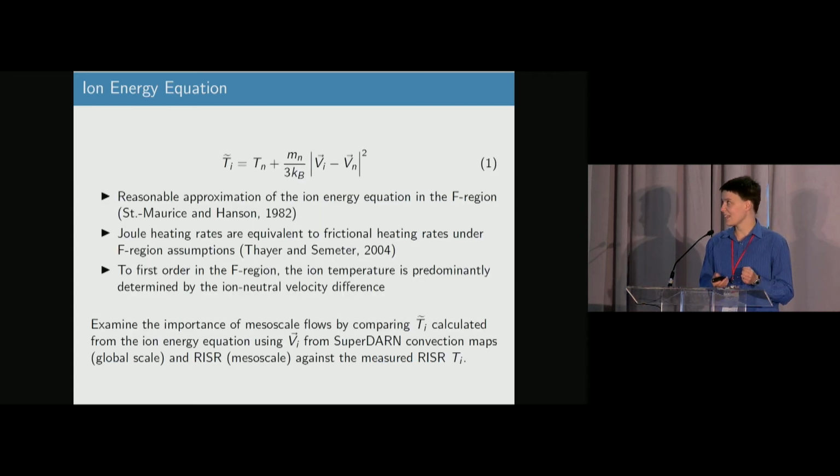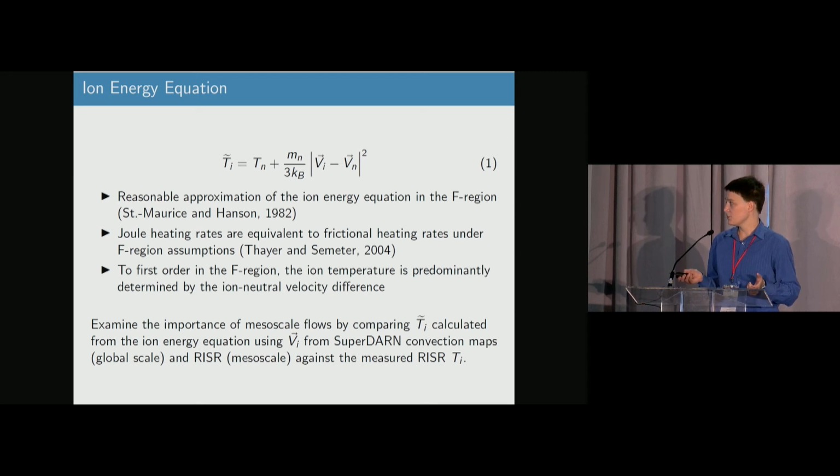To dig into that a little bit more, we're going to look at the ion energy equation. This expression is a reasonable approximation. It's not perfect, but it's reasonable for the ion energy equation in the F region. The significant thing about it is that your ion temperature is directly related to the difference between Vi and Vn. Just to go back to the very beginning of this talk and those two statistical charts we were showing.